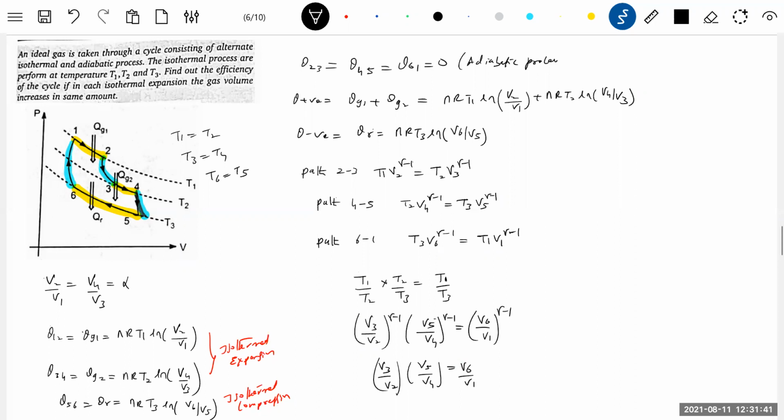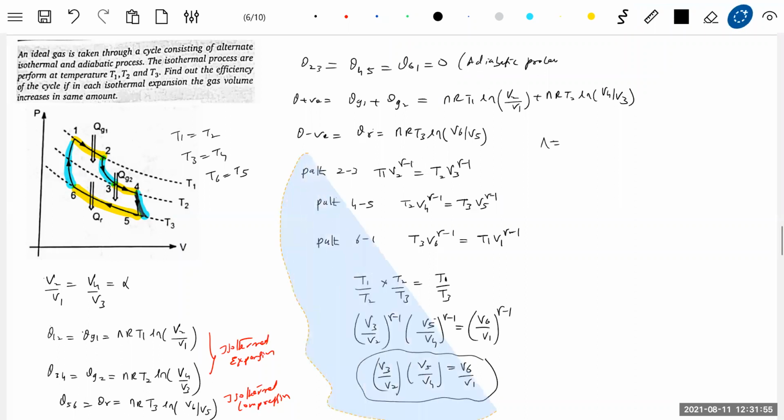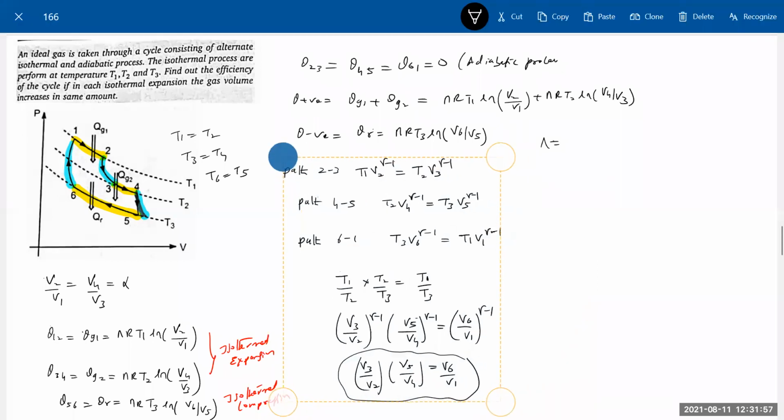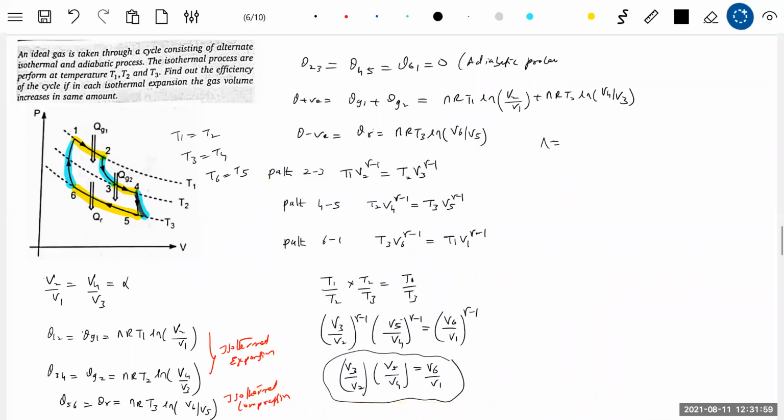Now I think we are in better position now. This equation is primary equation which is going to help us. Let me go for efficiency. Efficiency is equal to, I need some place. We have to write all the equation.